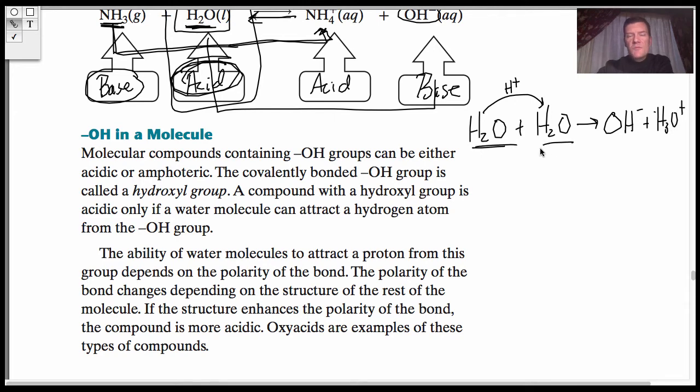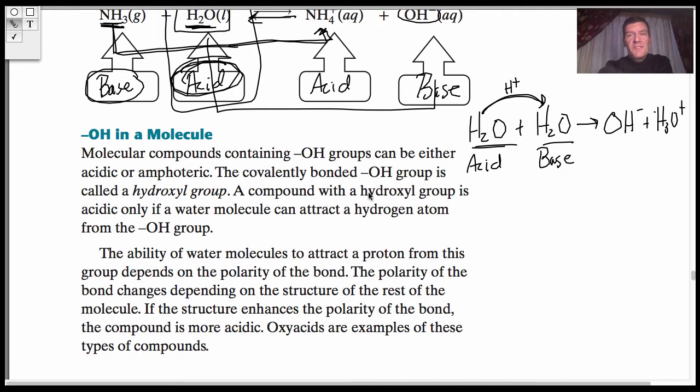This happens to a very small extent. Not all the water molecules do that, obviously. A very small degree of water molecules go through this reaction in pure water. But it's still significant. It's still a very important reaction. So in this case, this is your acid, and this one over here is your base.